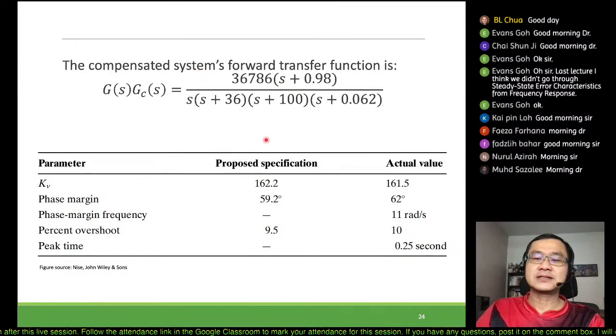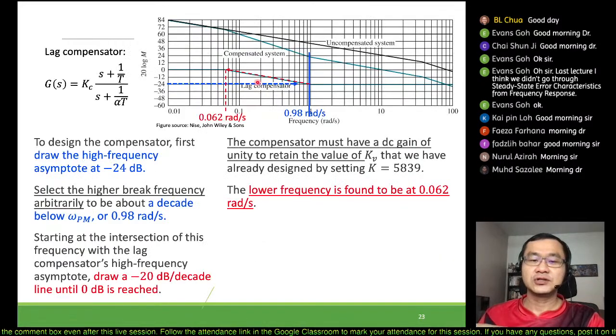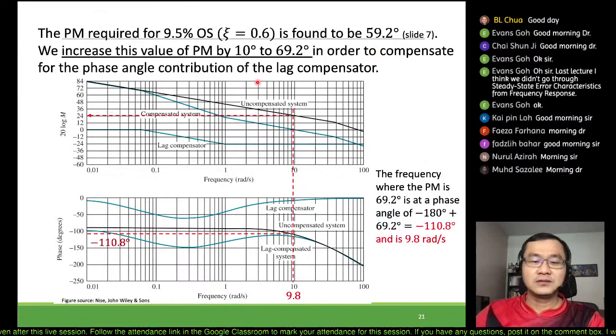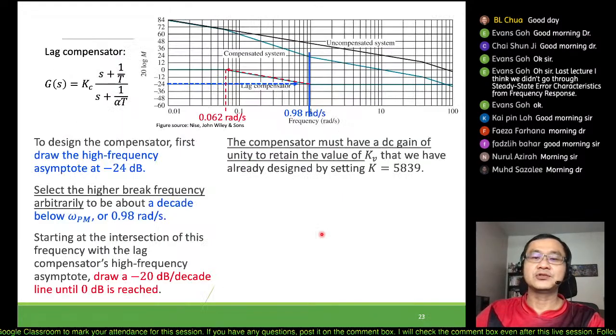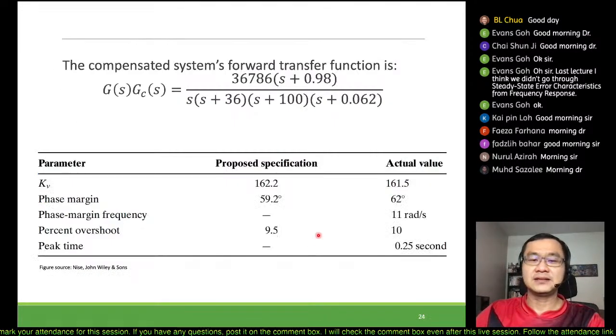So in that sense you would be able to form this particular transfer function, where these terms come from the lag compensator, and the other terms come from your original transfer function. You multiply them up and you will be able to get this.